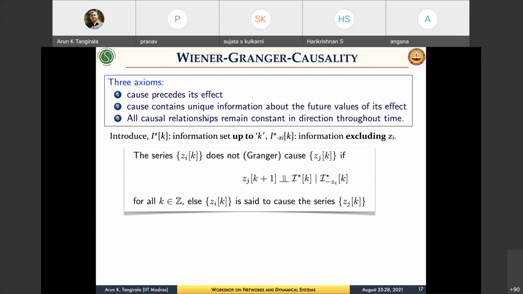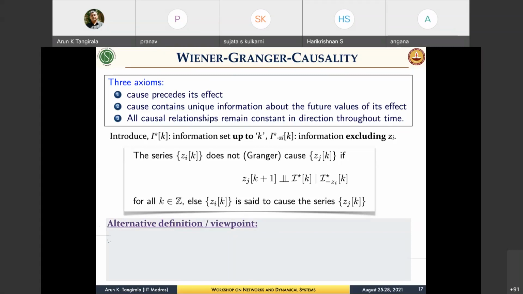If the future value of Zj is conditionally independent, that is, whether you include Zi or not, it doesn't make a difference to the future of Zj in terms of information, then we say the series does not Granger cause; else it Granger causes the series. So you can see Granger started off with information. There is no prediction coming in at all here.